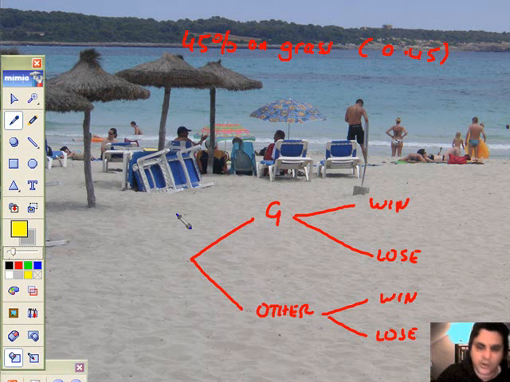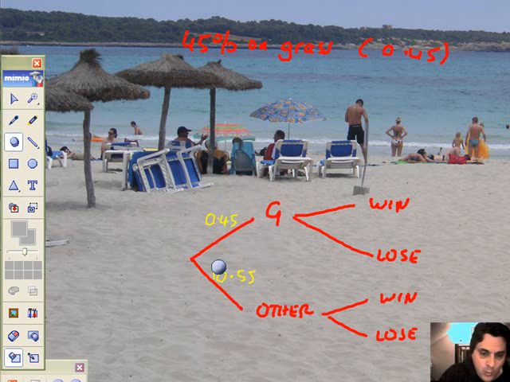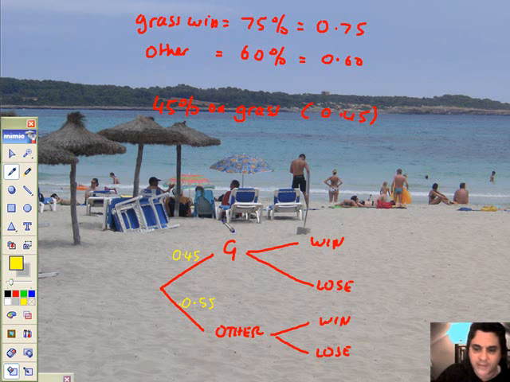Alright, the probability of playing on grass is 0.45. So the probability of her not playing on grass, in other words, playing on another surface, is 0.55. Again, both the branches will add up to 1. You can either go one way or the other. Now if she plays on grass, the probability of her winning on grass is 0.75.